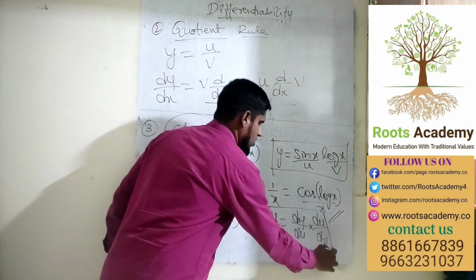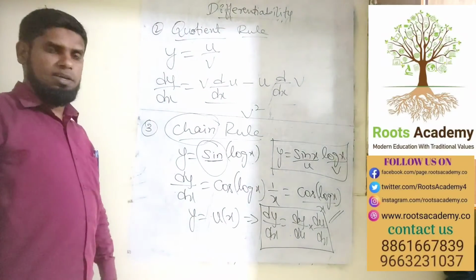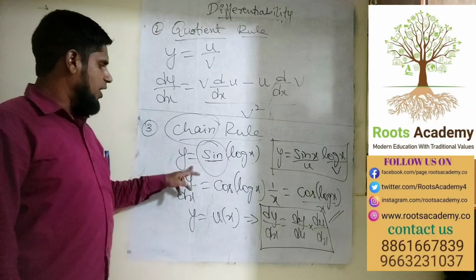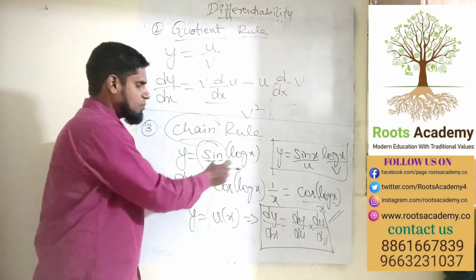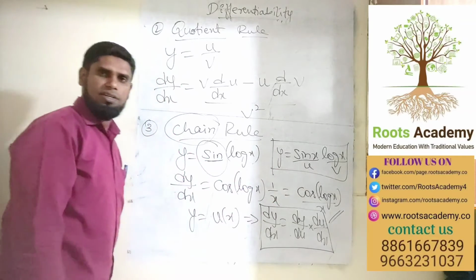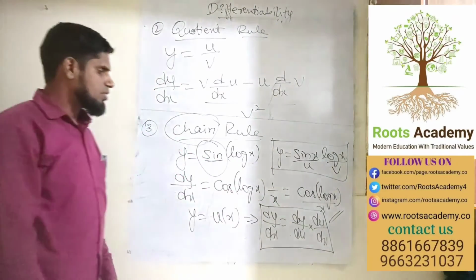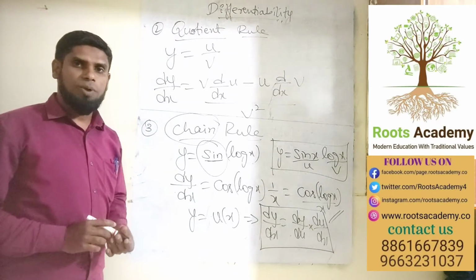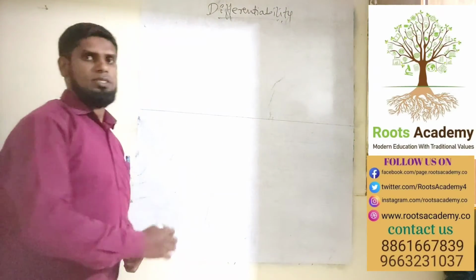This is the formula of chain rule. But instead of going with this formula, we can directly differentiate it like this, because as many functions are there, that many times we should keep on differentiating. Continuous differentiation without any addition, subtraction. Now students, let us solve some problems based on chain rule. Problems on chain rule.